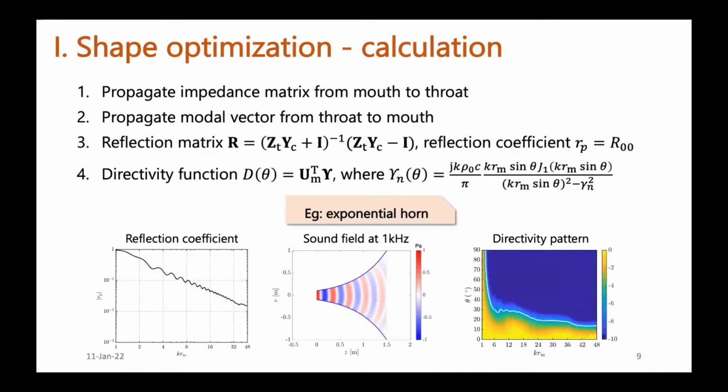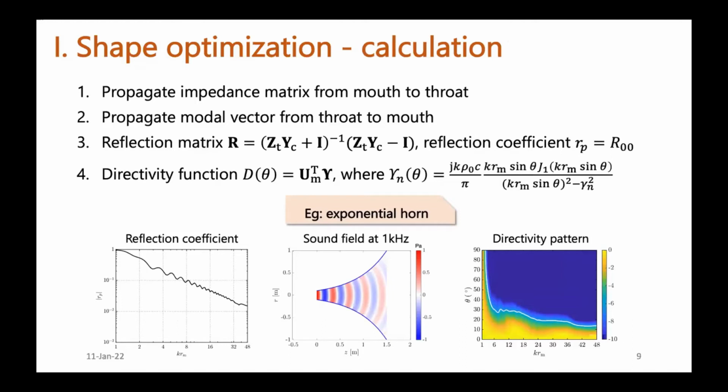So in summary, if we want to calculate the sound field using the multimodal method, we should first propagate the impedance matrix and then propagate the modal vector in the opposite direction.